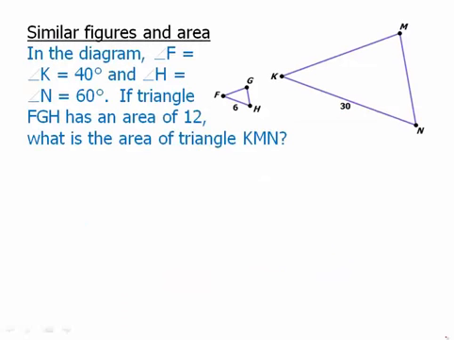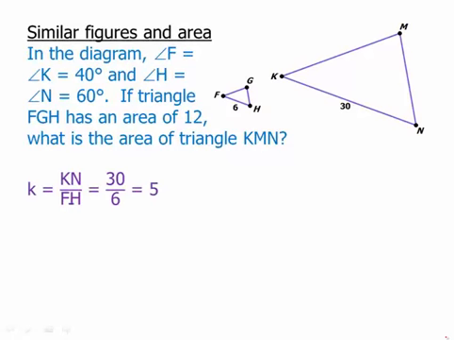Here's a practice problem. Pause the video and then we'll talk about this. So clearly the scale factor is the ratio of 30 divided by 6, which is 5. If the scale factor is 5, the scale factor squared is 25. The area is multiplied by 25. So the small one has an area of 12.